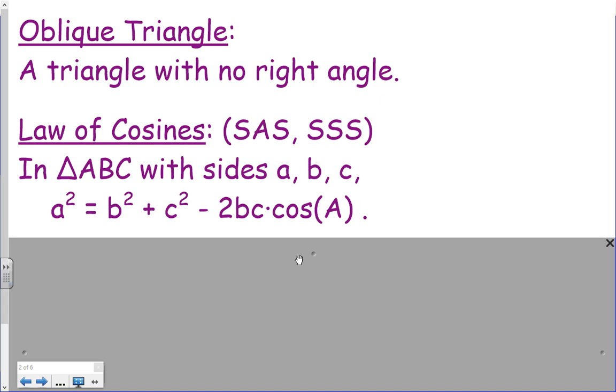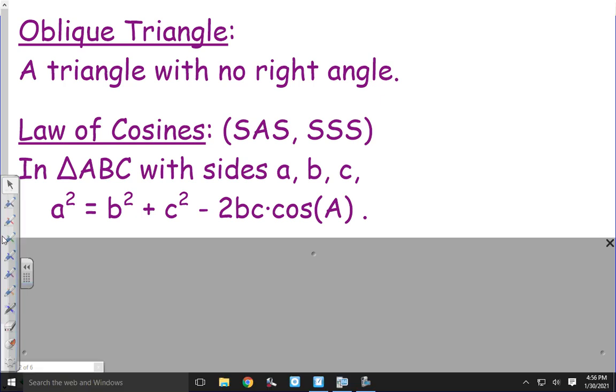All right, so in triangle ABC with sides a, b, and c, we have the following: a squared is equal to b squared plus c squared minus 2 times b times c times the cosine of A. That right there is our law of cosines.